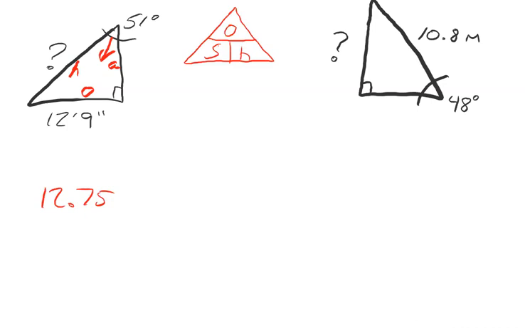And it is over top of sine, over top of 51 sine. We're always going to do the degree before the function, meaning the 51 degrees comes before the sine. And we do equals, and that's going to tell us what the hypotenuse is.